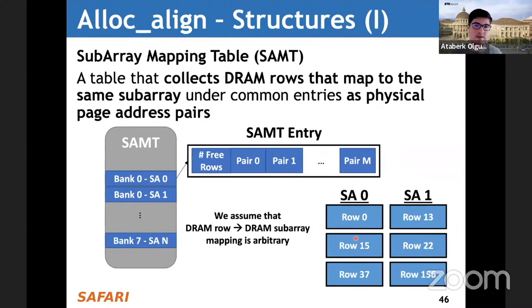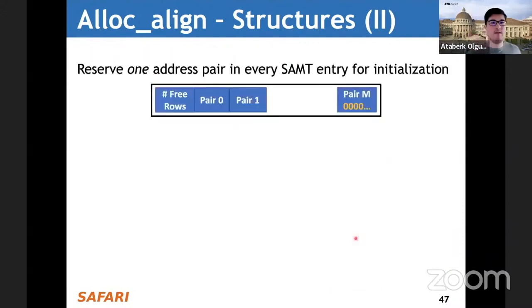And this doesn't really affect how our mechanism works. And we reserve one pair in every entry for initialization. We reserve the last entry and we allocate the DRAM row that this entry corresponds to with zeros. And later we will use this for zero initialization using row clone operations.